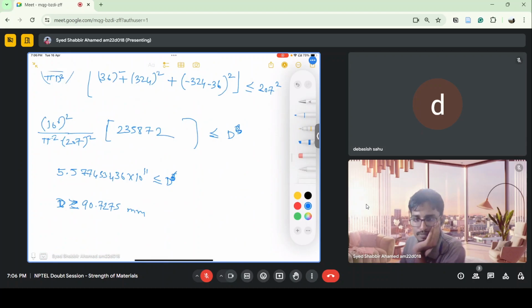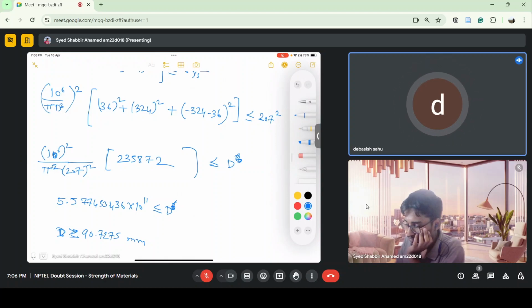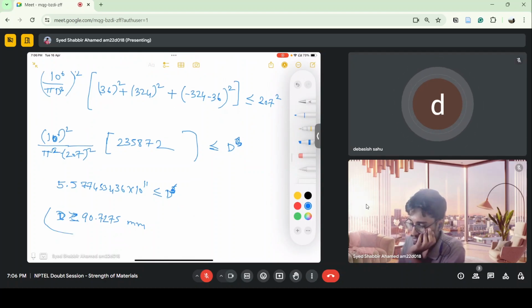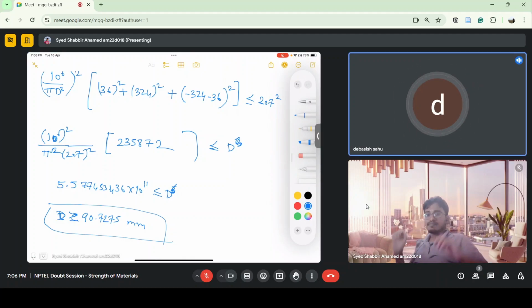Yeah, see the calculations. Okay, sir. This is according to the maximum shear stress. Sorry, after shear stress. Got it? One minute, sir.